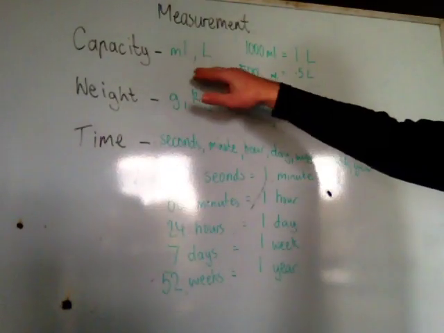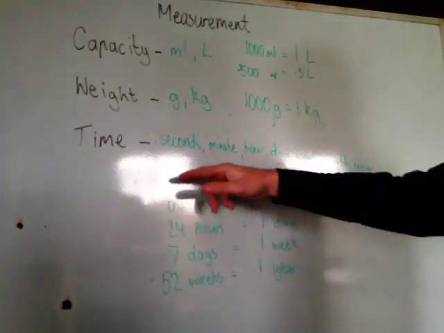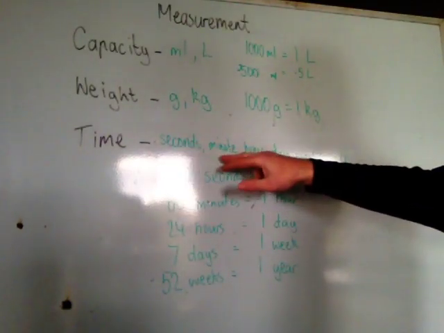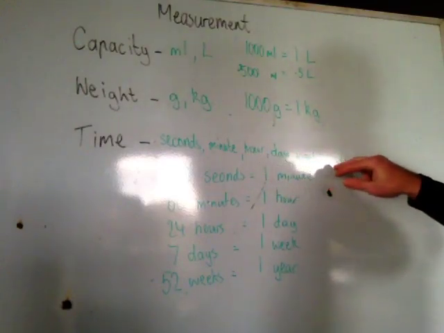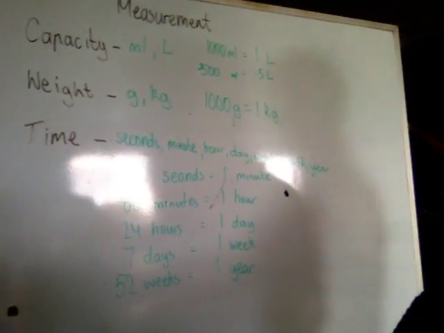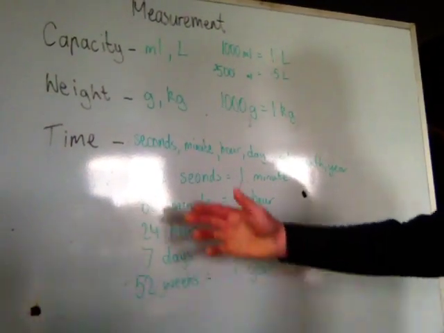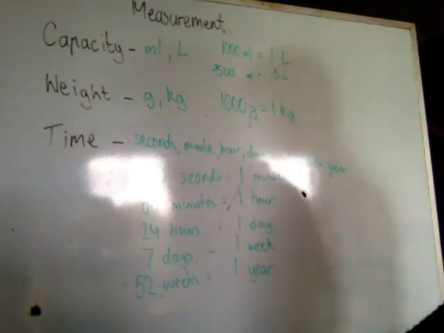Up to here, there's only 2 units of measurement for each one, whereas time, we've got heaps. So we've got seconds, minute, hour, day, week, month, and year. Okay, so that's a lot of work in terms of unit of measurement. So we can measure things in time in all those areas.